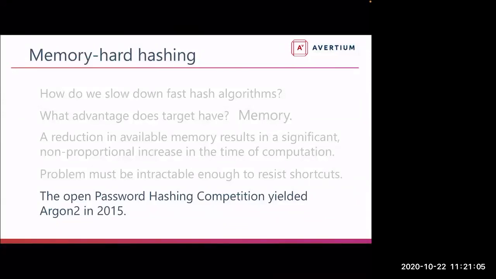Okay, so Argon2 was an interesting approach. It used memory-hard hashing. It used essentially directed graphs, and the way you looked at the problem was in terms of a pebbling problem. And so that was that one. Now, Argon2 had several interesting problems.